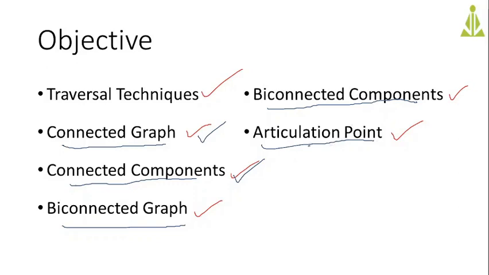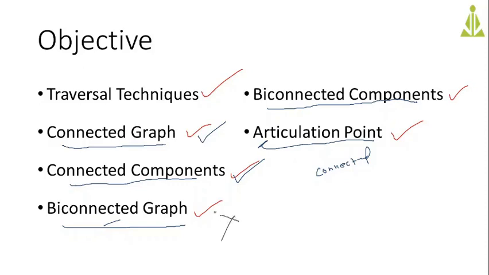So the articulation point is very important. In simple terms, in a connected graph, if we have an articulation point, no problem, because that is still a connected graph.